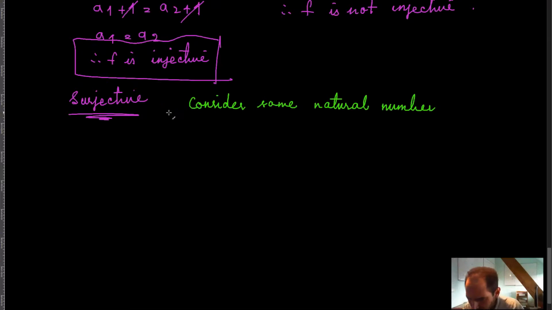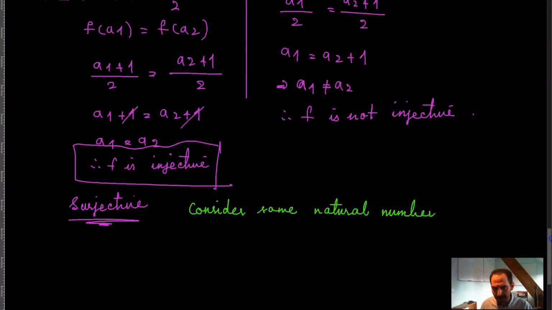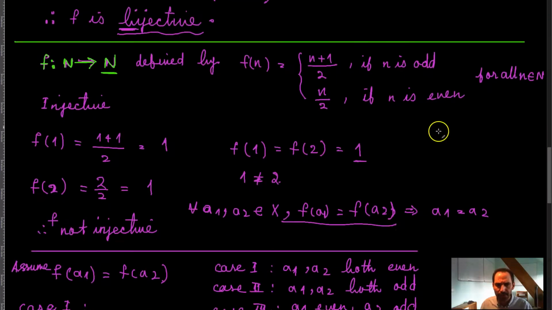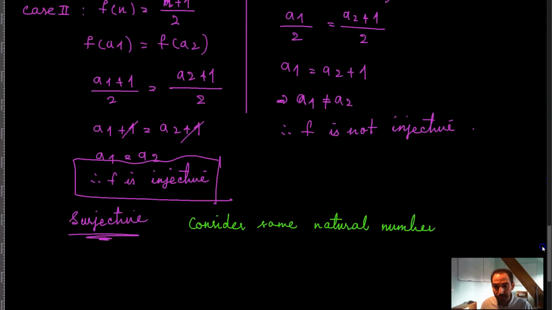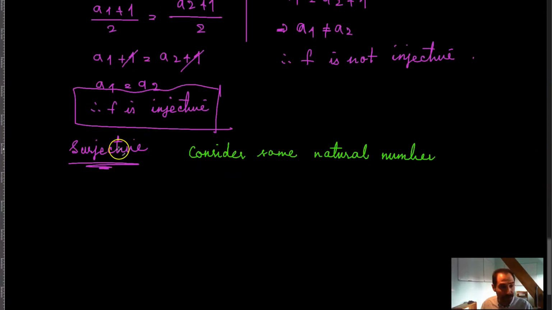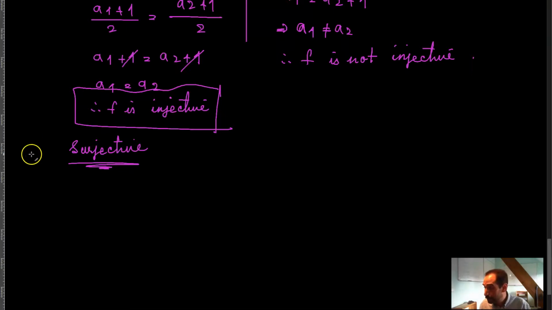Okay, so now in order to check whether f is surjective or not, well, of course you can use the rules of the function that you have, meaning that you have n plus 1 divided by 2 and then n divided by 2 for odd and even numbers, so there can be two cases.